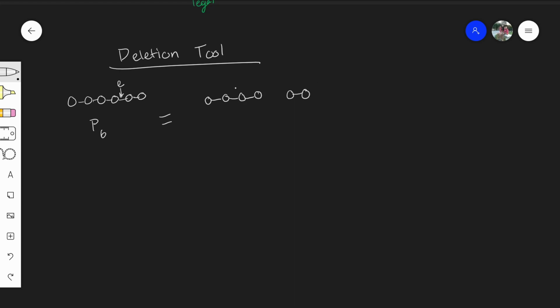And you might recognize the first one as P4, the path graph of 4 vertices, and the second one as P2. And because they are disconnected, the number of ways you can color this whole graph is the number of ways you can color P4 multiplied by the number of ways you can color P2. Now, there's a problem with this. We can't simply have an equal sign like this because we've actually missed a case.